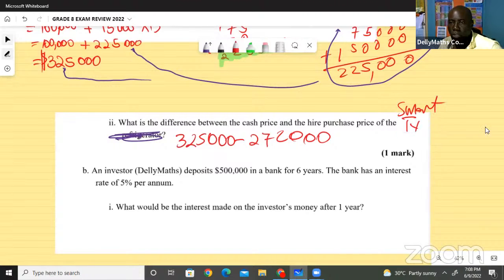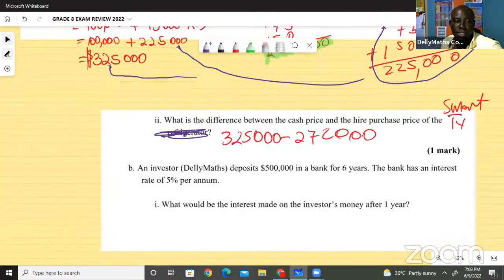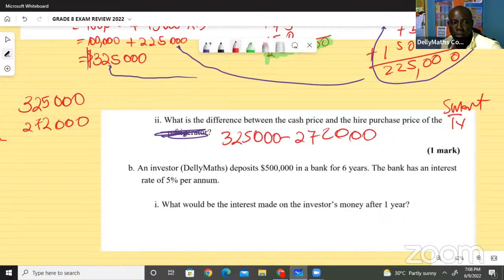So let us work it out, because you don't have a calculator. So you're going to set it up. You're going to say, all right, 325,000. And you're going to be subtracting 272,000. This one is your hire purchase, and this one is your cash price. Subtract 0 from 0, 0. 0 from 0, 0. And from that, 0. 2 from the 3, right?